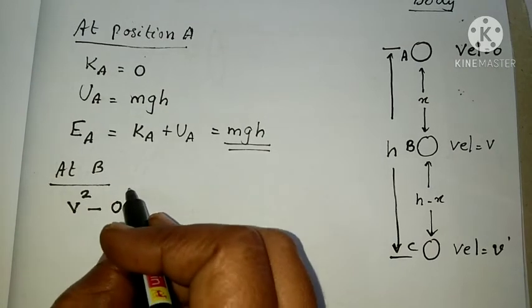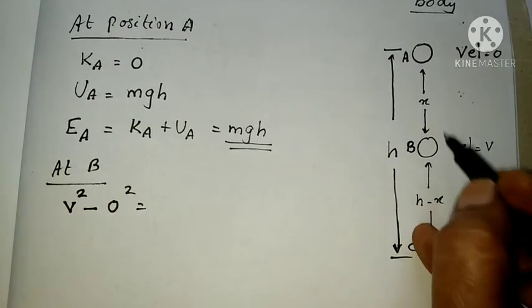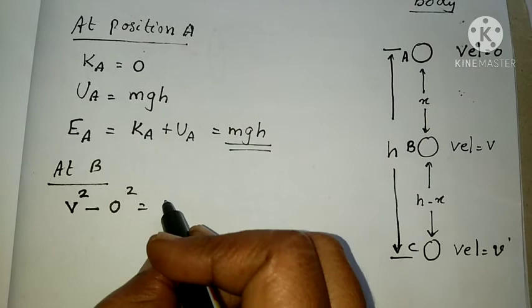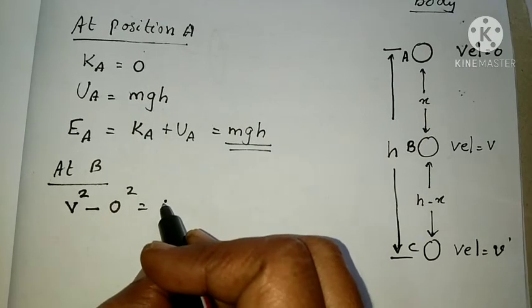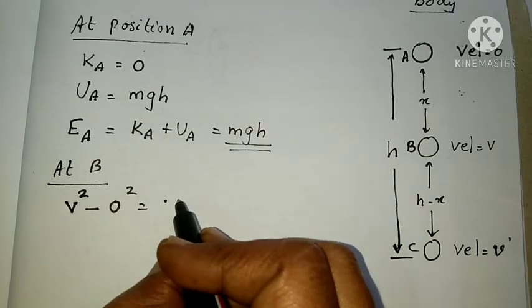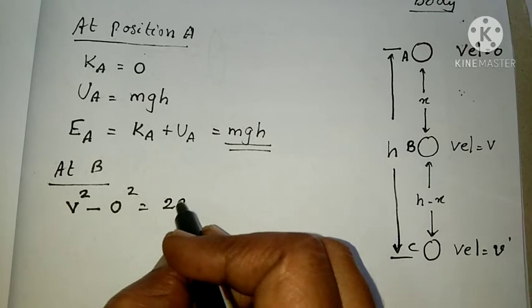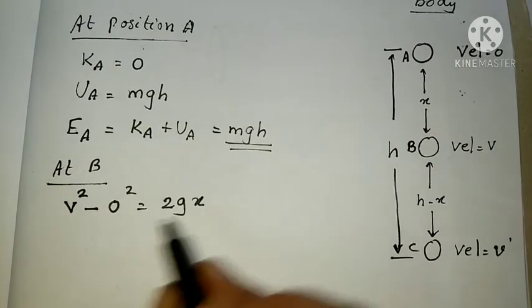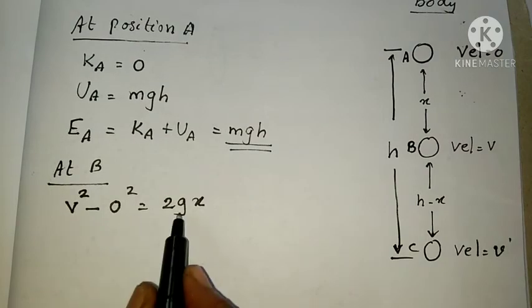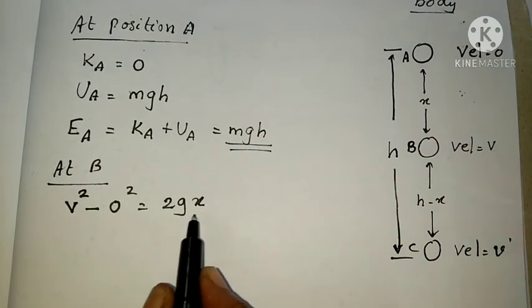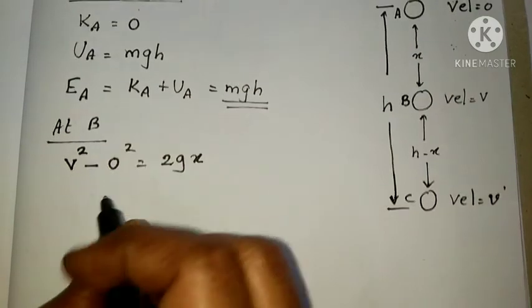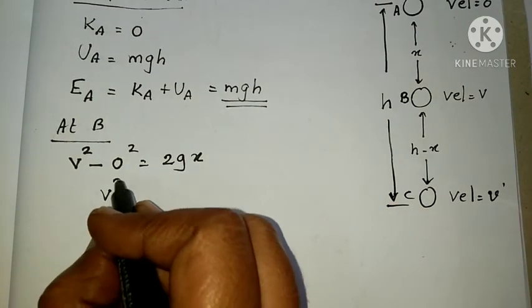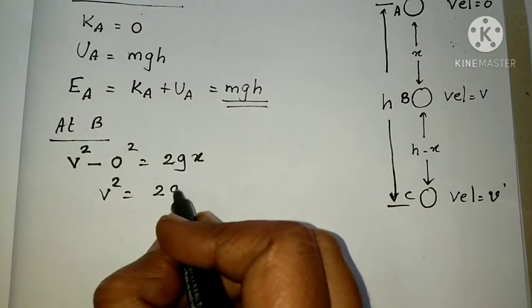0 square equal to, what is the acceleration due to gravity? g. So v square minus u square equal to 2g into, what is the distance moved? x. That is, v square minus u square equal to 2as, and from here we can write v square equal to 2gx.